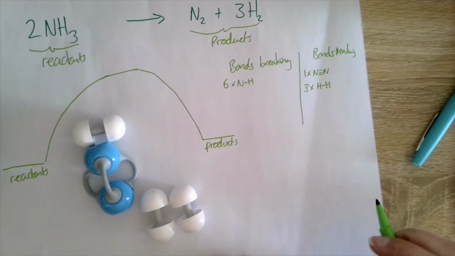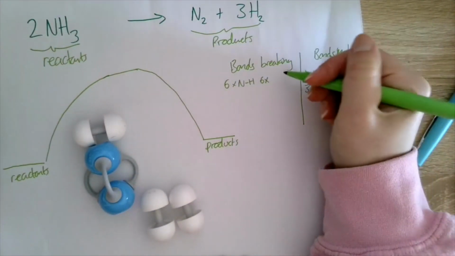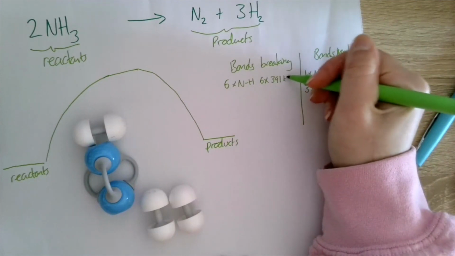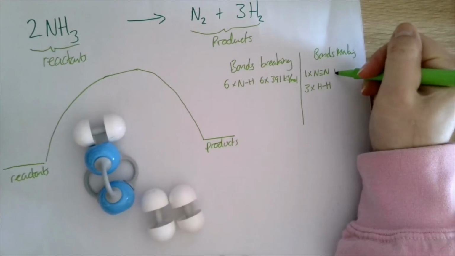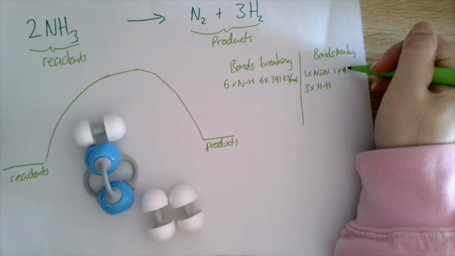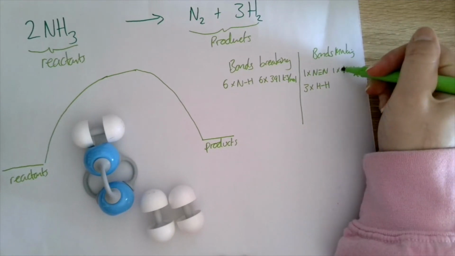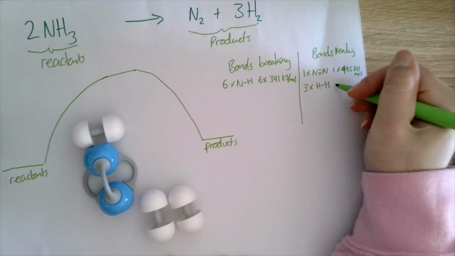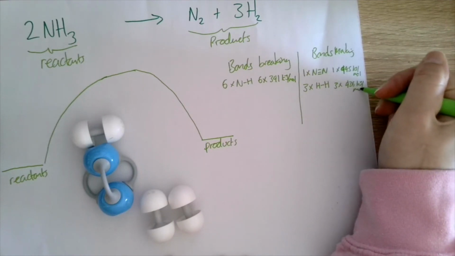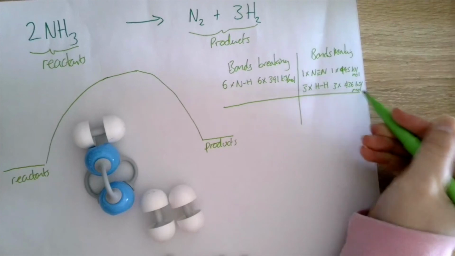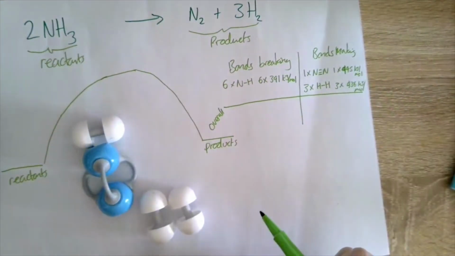So looking at our data in our table, we're going to be having 6 times 391 kilojoules per mole and 1 times 945 kilojoules per mole and 3 times 436 kilojoules per mole, and then we're going to add these to get our overall for our bonds breaking and our bonds making.